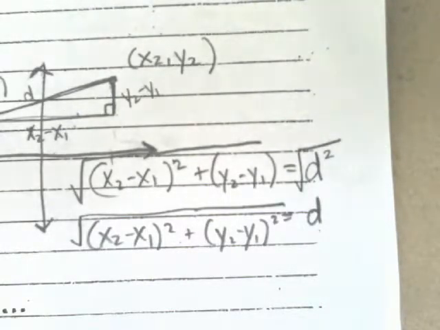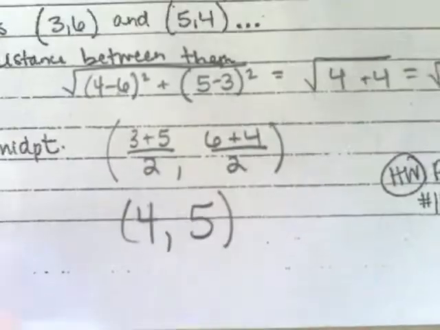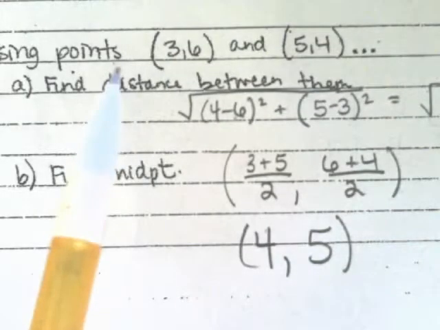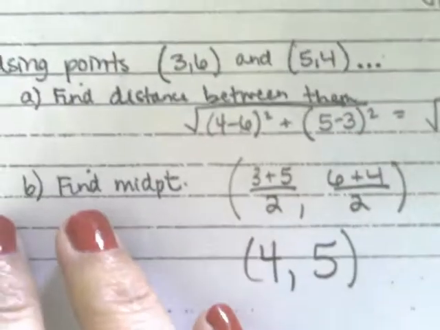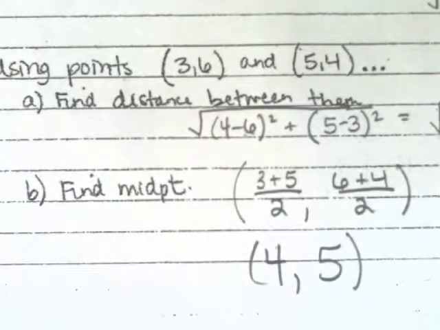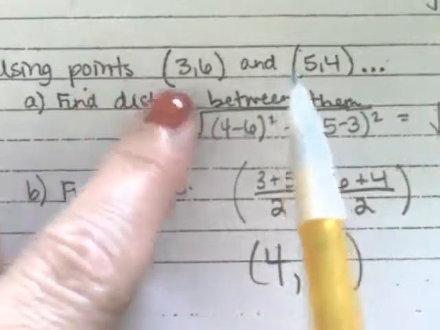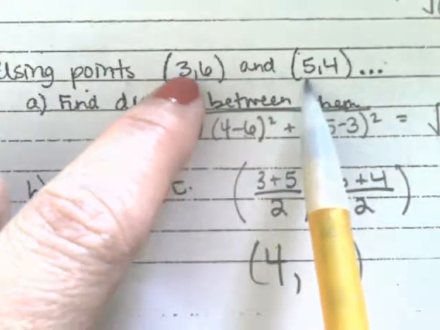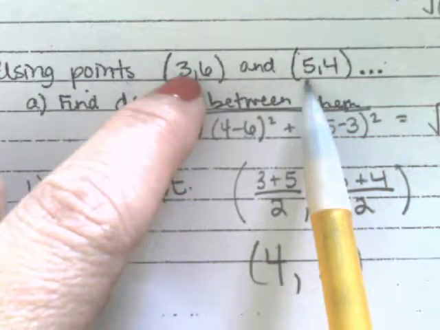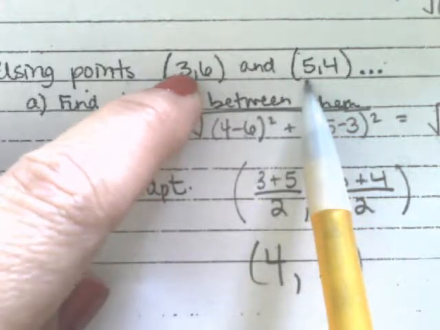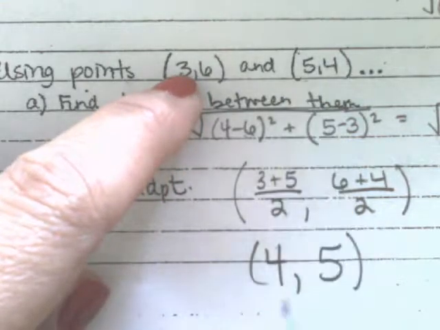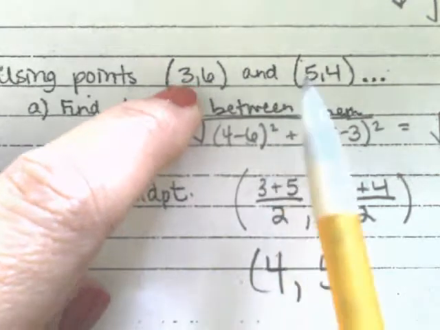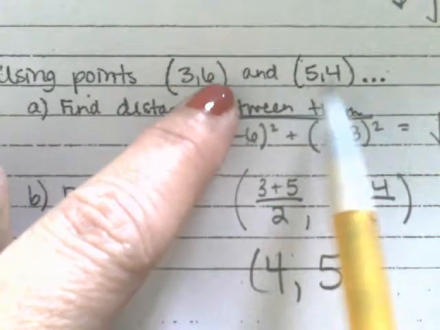Okay, now out of curiosity, because why wouldn't you be curious? Where does the midpoint formula come from? Average. Average, right. Middle, average. So if you want the average x-coordinate, you take the average of 3 and 5. Halfway between 3 and 5, aka the average of 3 and 5, is 4. You add them up and divide them by 2. 6 and 4, same thing.